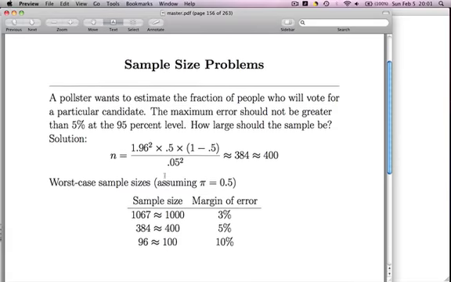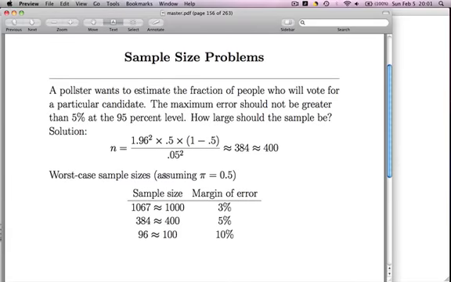Well, let's do a few problems. A pollster wants to estimate the fraction of people who vote for some candidate. The maximum error should not be greater than 5% at the 95% level. How large of a sample should there be? Well, recalling what I just said about proportions, if we know nothing else about this election, drop in 0.5 as your pi, or 0.25 as the variance.